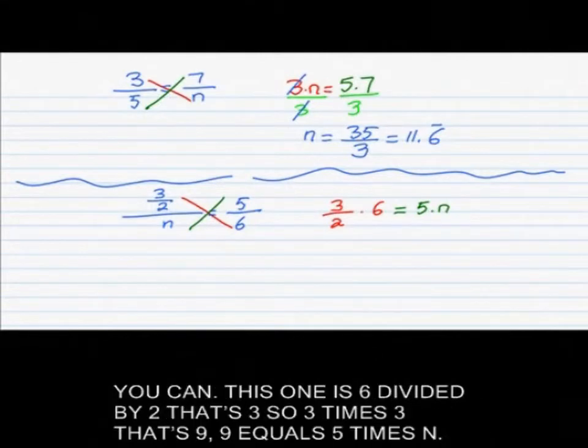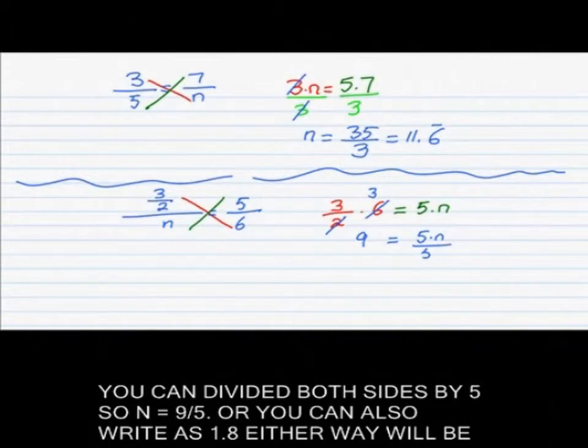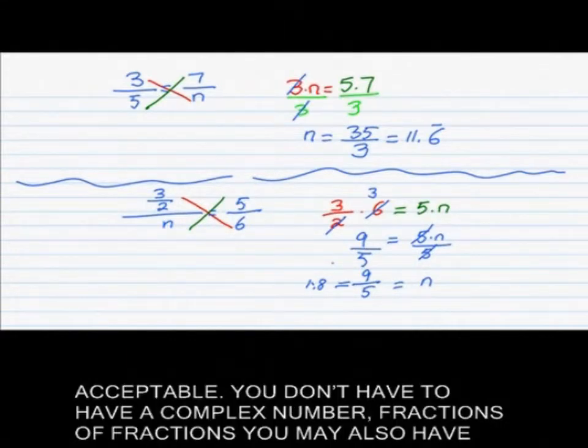Now simplify as much as you can. This one is 6 divided by 2, that's 3. So 3 times 3, that's 9. 9 equals 5 times n. You can divide both sides by 5. So n equals 9/5. Or you can also write as 1.8. Either way will be acceptable.